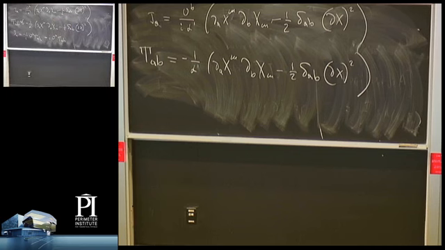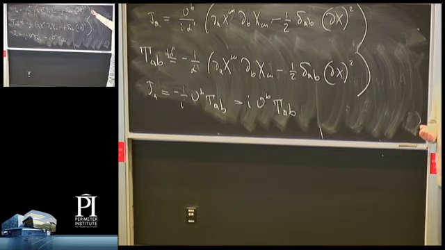Okay? Good. So what we did so far, right? We constructed a conserved current associated with translations on the worldsheet. It's natural to expect that the conserved current will be related to the worldsheet stress energy tensor, and that's exactly what we found. Okay.